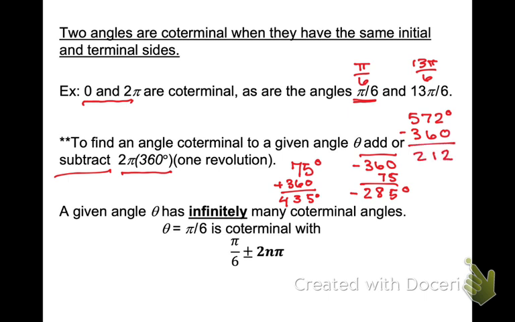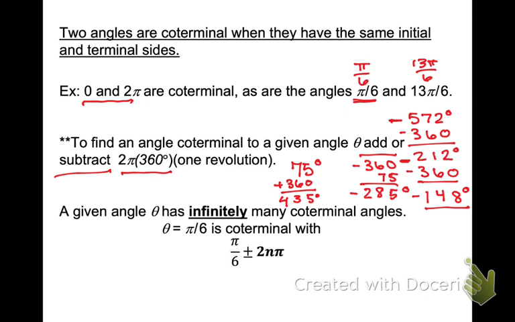Yeah. So if I was asking for a positive and negative, just because I subtract, I don't have a negative angle, do I? I got to do it again, don't I? Yeah. So negative 360 again. So I put it backwards. So that's going to be what? 8, 5, 4, 1. So negative 148. So 572, 212, and negative 148 are all coterminal.